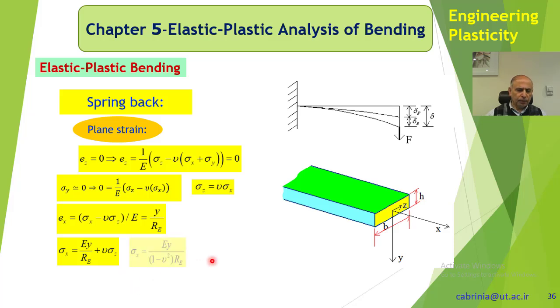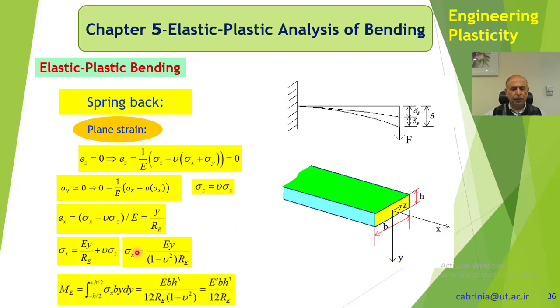And that involves the Poisson ratio. Therefore sigma X is equal to EY over RE, and here we put sigma Z equal to mu sigma X. So we take sigma X over there, we get 1 minus mu squared, because mu times mu is mu squared, so sigma X times 1 minus mu squared, and that 1 minus mu squared comes into the denominator. So that's the relationship for sigma X.